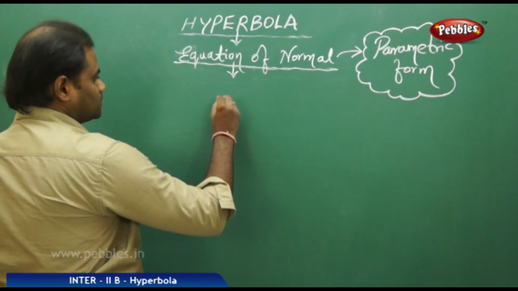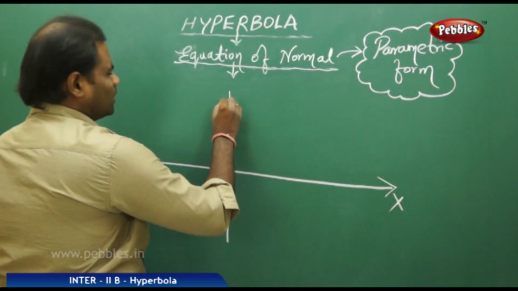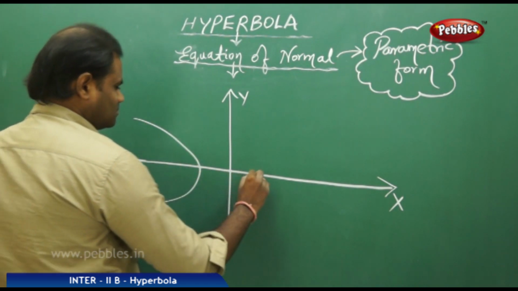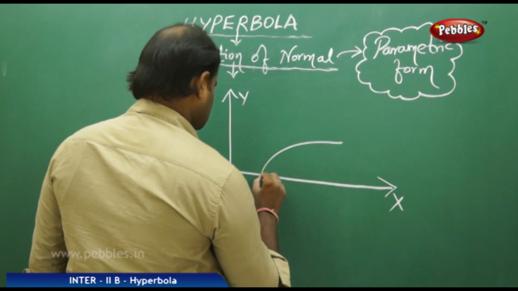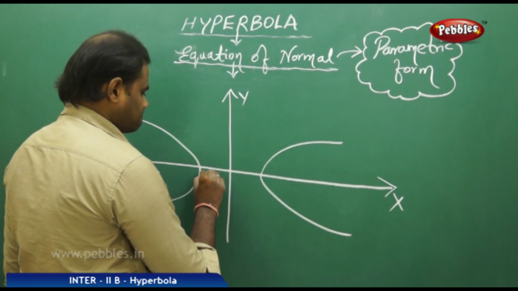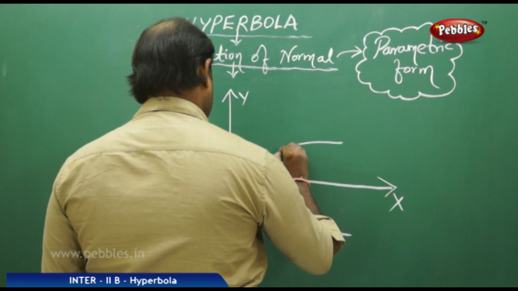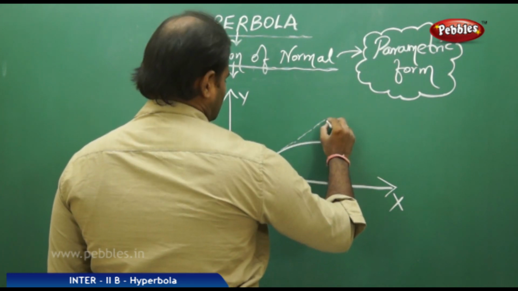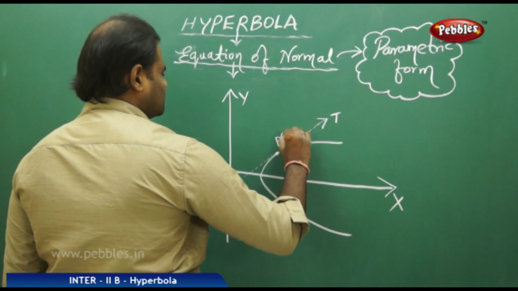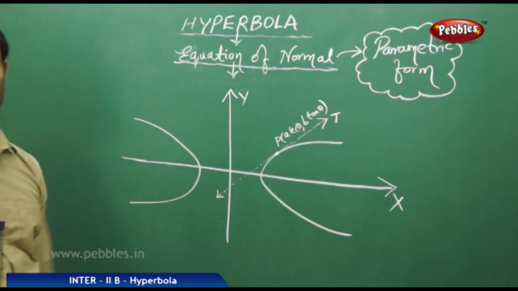That is, if I take the hyperbola in standard form, and let me take the tangent at the point of contact P of a secant theta and b tan theta, which are the parametric coordinates.